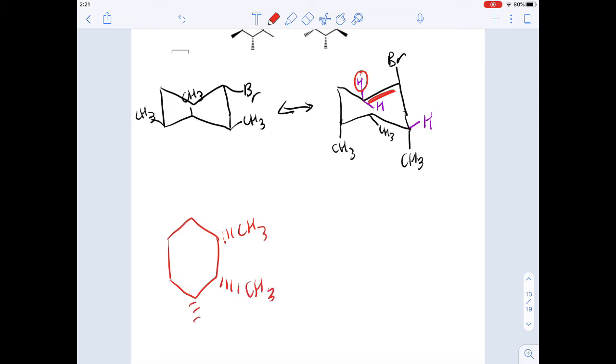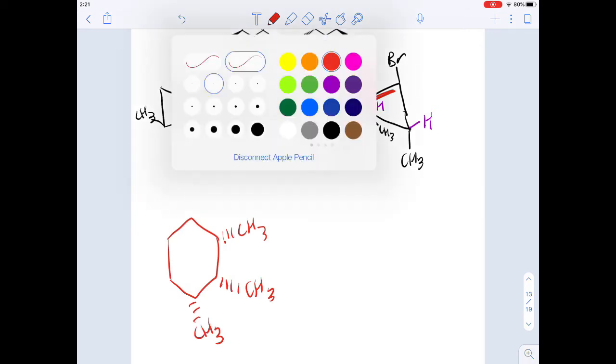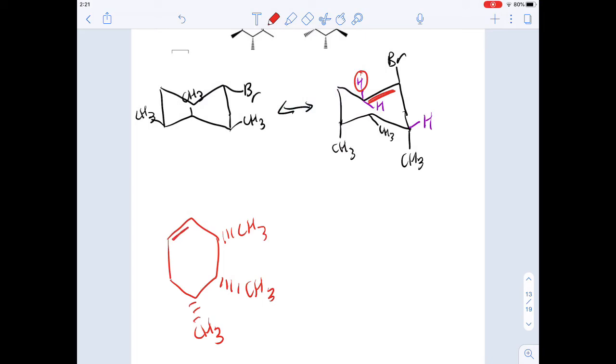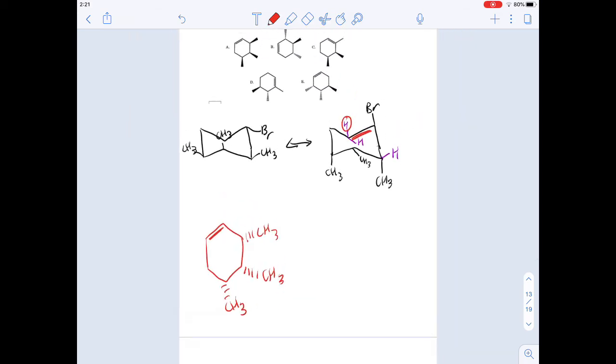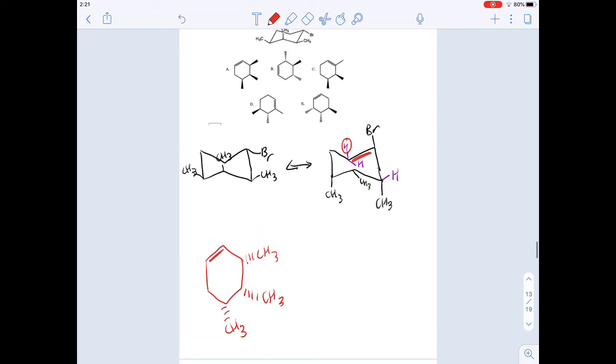But know that if they're on wedges, that is exactly the same thing. And since the elimination product formed on the less substituted side, the double bond is going to go here. Not here like we would have wanted to put because there was no axial H, which is why it's very important to draw the chairs, do the ring flip, and make sure you have an axial H to your axial Br.